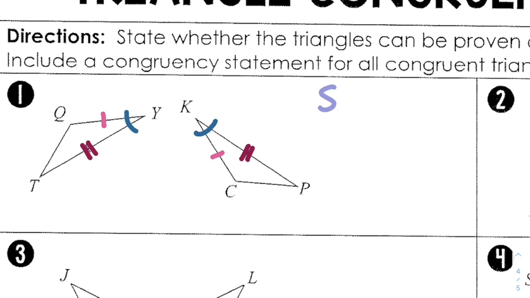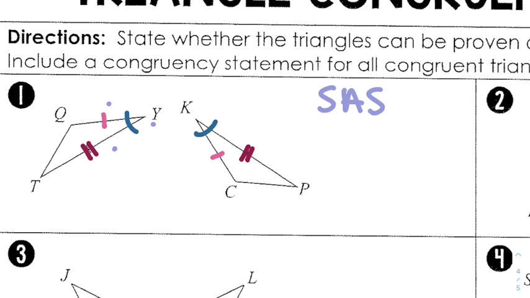You should say it's side, angle, side, because we have one side, then we have an angle, and we have a side. Okay, so it's SAS. And then if we were to write a congruency statement for that one, it would be triangle QYT is congruent to triangle, well, which one is congruent to Q?